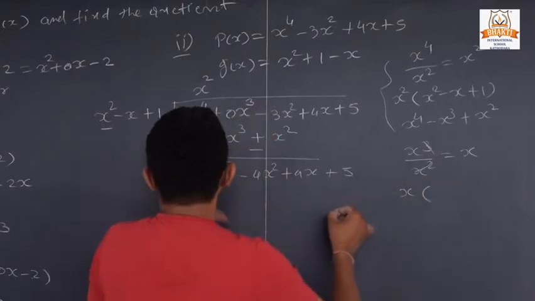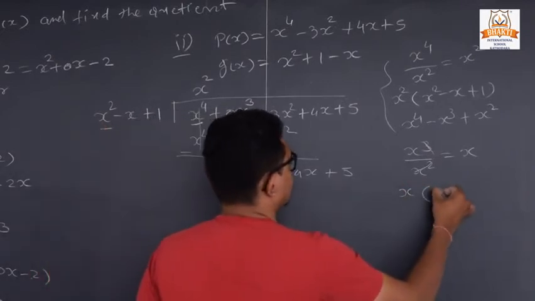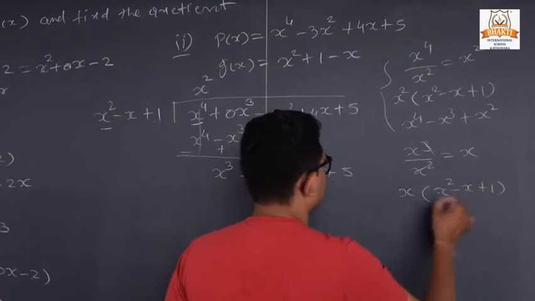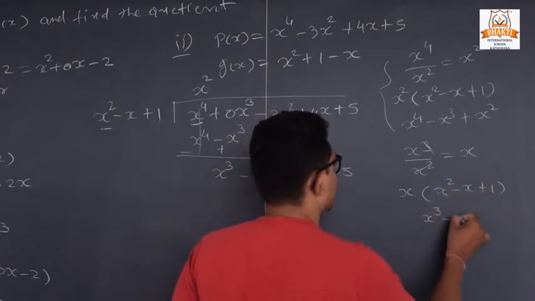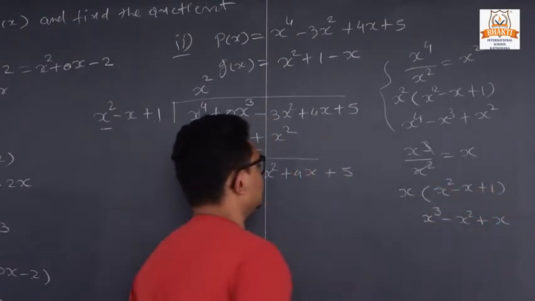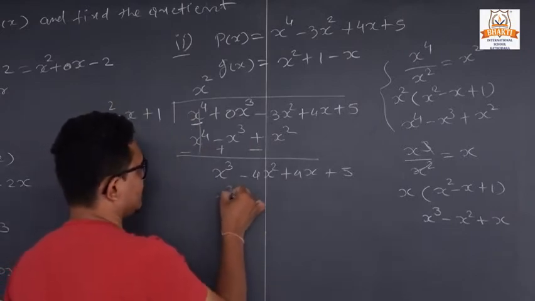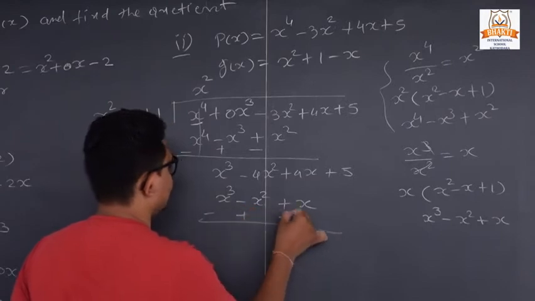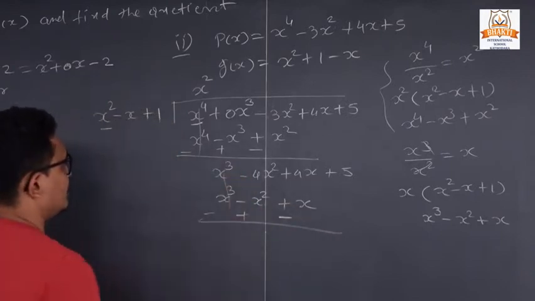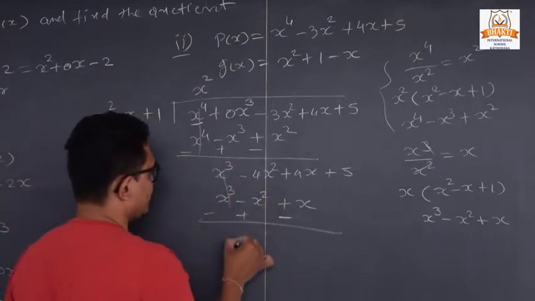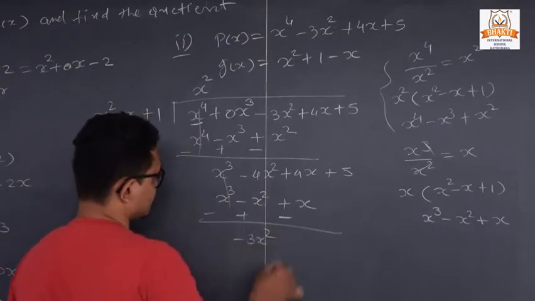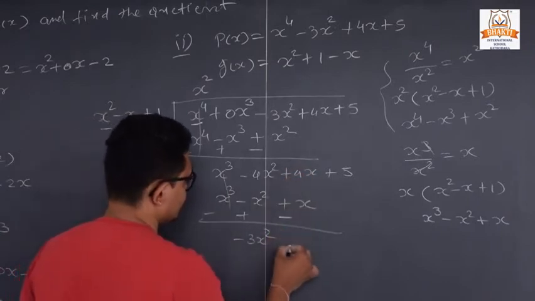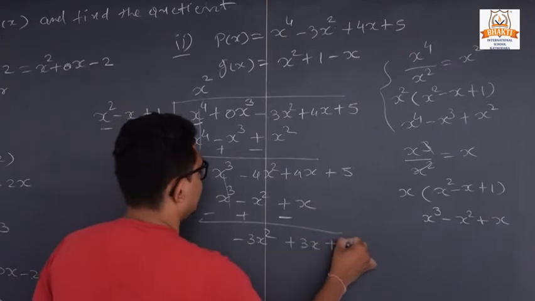Now x is multiplied with these 3 terms, x square minus x plus 1. So it will be x cube minus x square plus x. Here we can put x cube minus x square plus x. Once again sign will be changed. So it is cut. Plus minus minus. Plus minus once again minus. And 5 will be same.